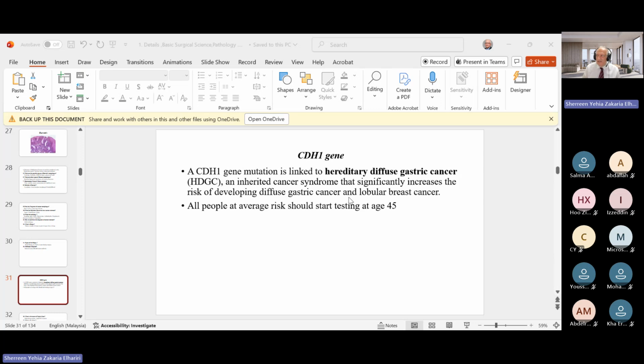Okay, so you think that we can bring the students or young people to make OGD or upper endoscopy in Japan? You think that it is true? You think it is logical or illogical? Illogical.